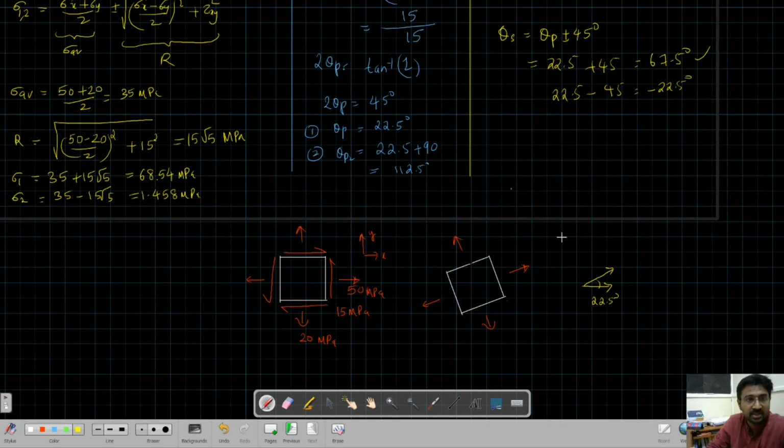So we have values 68.54 MPa and 1.458 MPa.